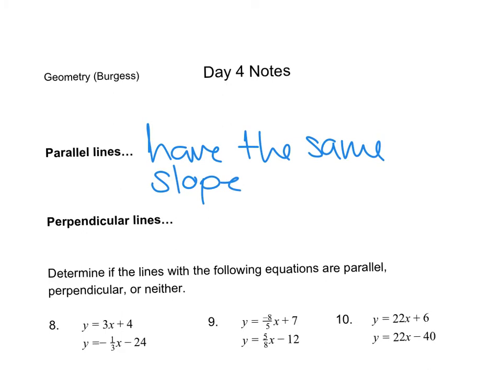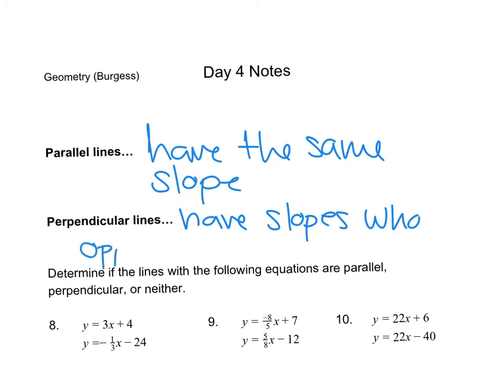And perpendicular lines have slopes who are opposite. Yeah, perpendicular lines cross at a 90-degree angle, but we're talking about their slopes right now. Their slopes are opposite reciprocals. Okay.